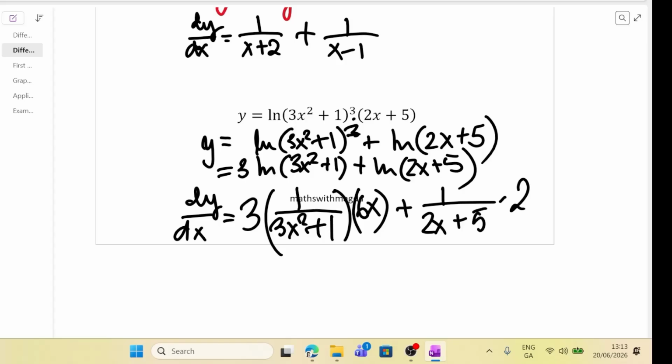Now the numbers like this go to the top, so I will get 18x over 3x squared plus 1, and then plus 2 over 2x plus 5. Let's leave it at that.